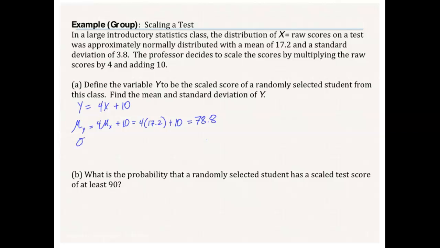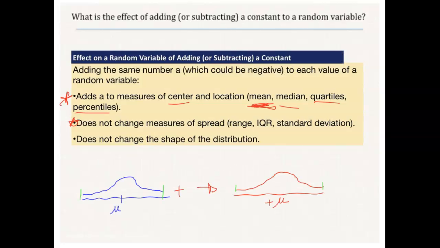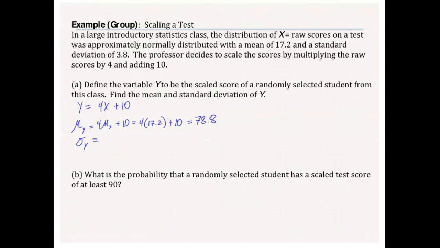Now, standard deviation of y is a measure of spread. So measures of spread, we do want to multiply by the absolute value of the multiplier. But remember that addition does not change measures of spread. So we will not add that 10 to our measure of spread.